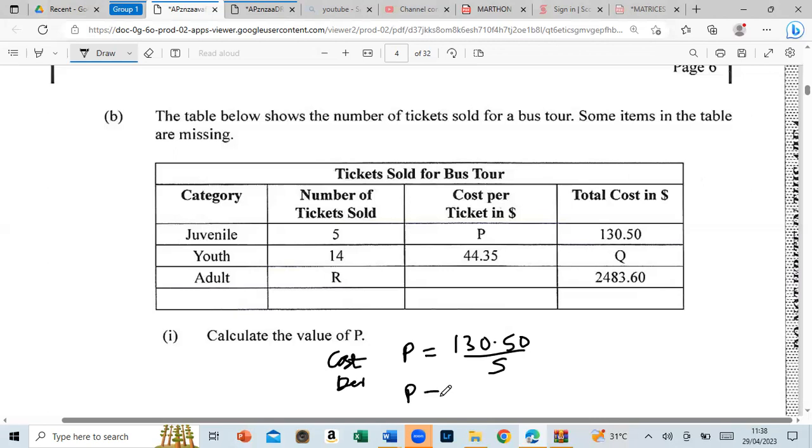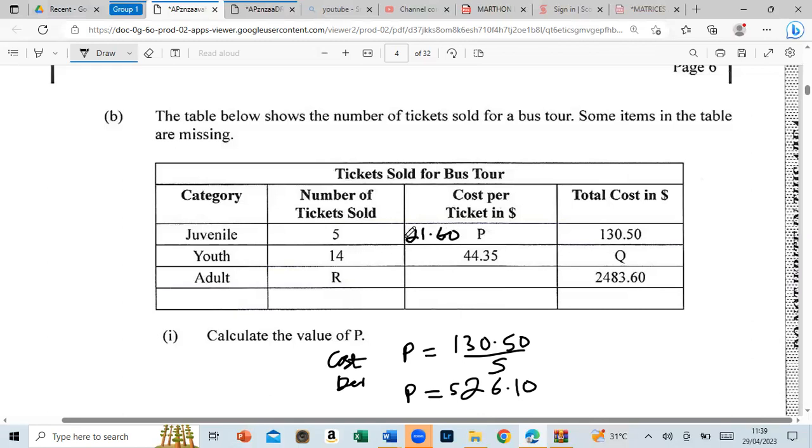Nothing fancy. What do you guys get? That gives me 26.1, which, since it's money, is $26.10.